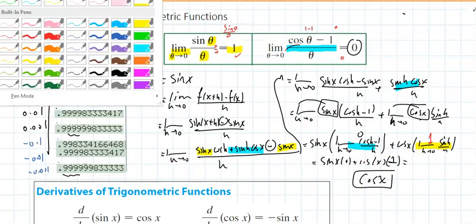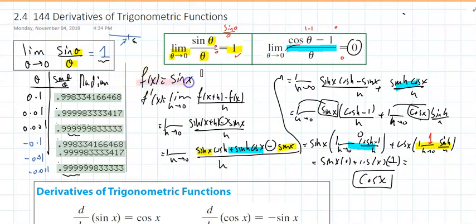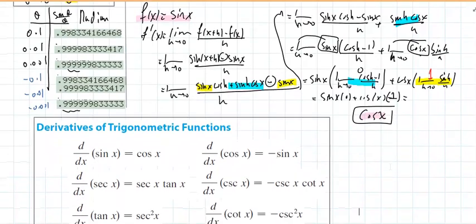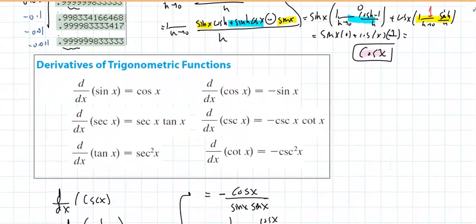So if I take the derivative of sine, I get the cosine, and I listed the table for you. If I take the derivative of sine, it's cosine. That's what we just proved. If I take the derivative of secant, that's secant of x tangent of x. And if I take the derivative of tangent, that's secant squared of x.